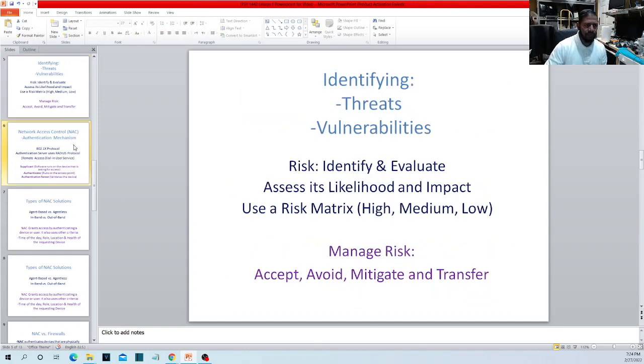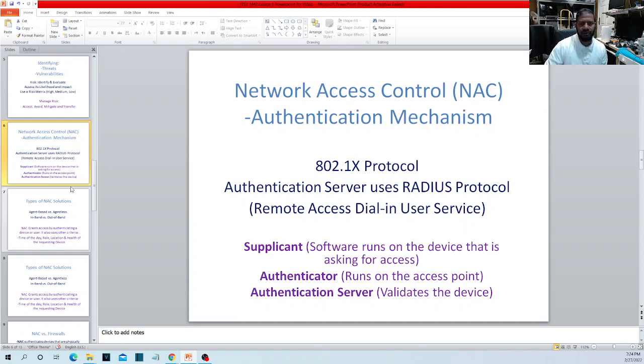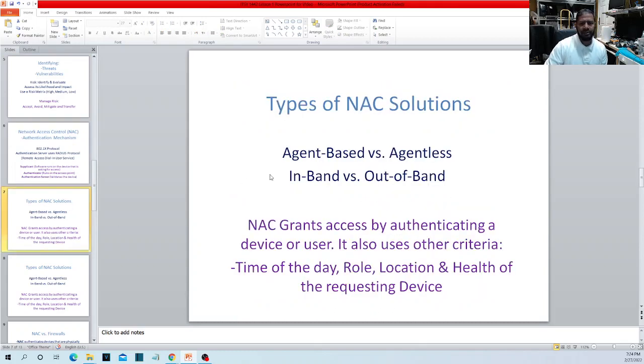Next one should be right here. Types of NAC solutions. Now, what are the different types of NAC, network access control? Some are called agent based and some are agentless. What does that mean? An agent based NAC is in your device. You have a little bit of software, called the agent, installed.